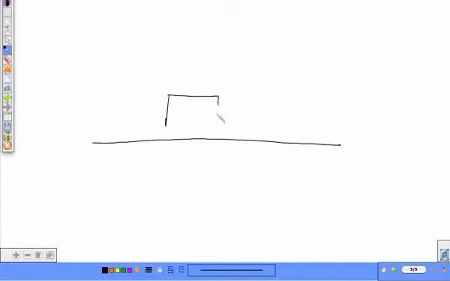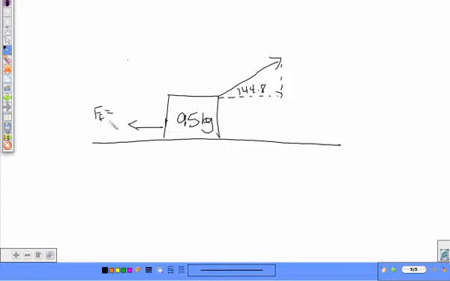Okay, how big is our chair? 92 kilograms, is that? 95. And it's being pushed, correct, or is it pulled? Pulled. And what's the angle? And we know friction is equal to 0.83.